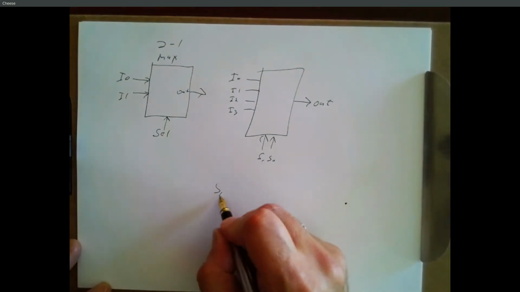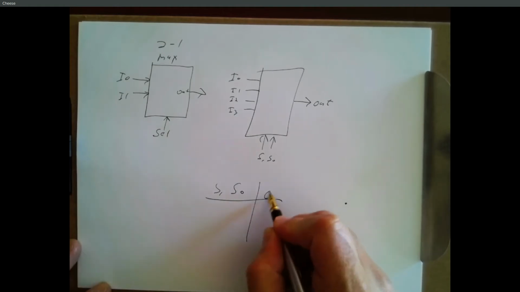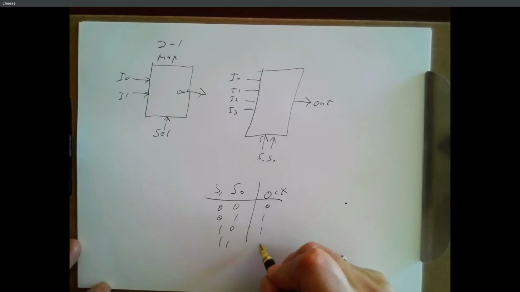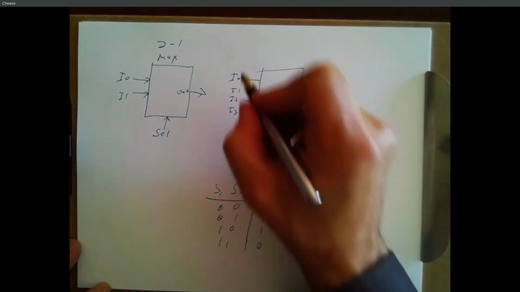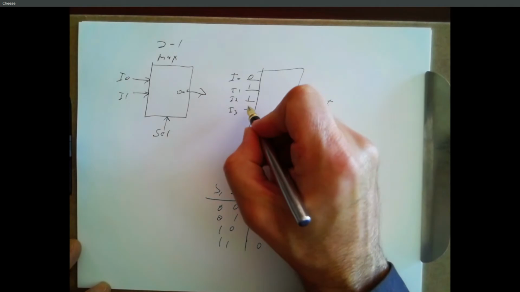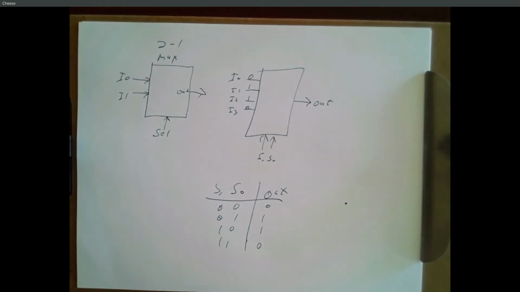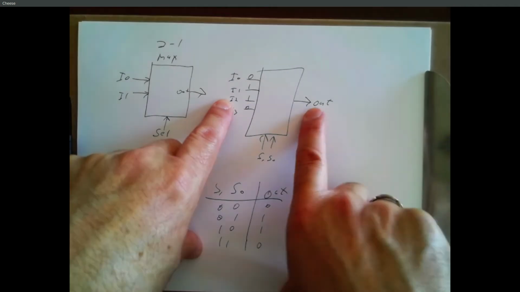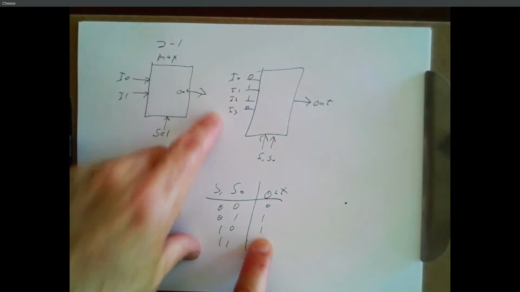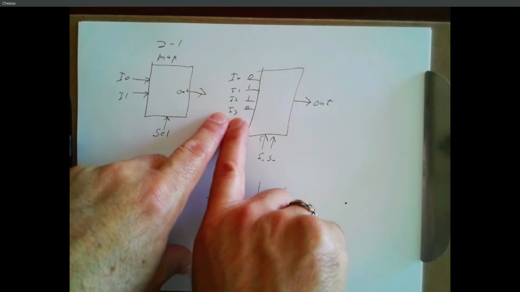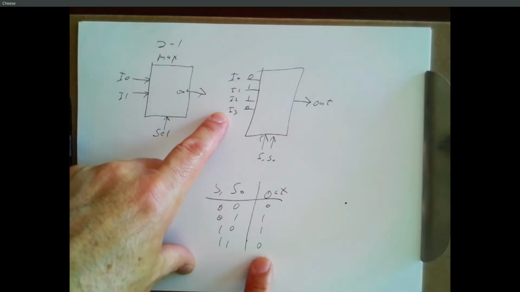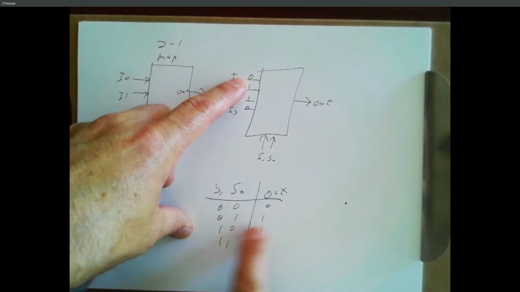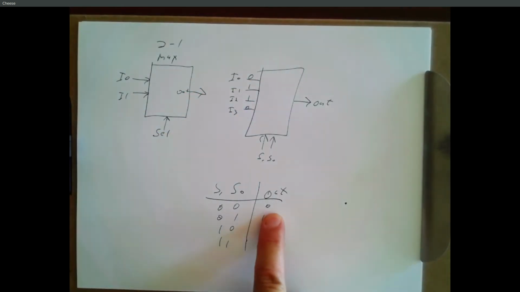So if we wanted to make an exclusive OR gate, which looked like that, all we got to do is feed those values into these inputs. And now if your input is 1, 0, that's going to select input 2, that's going to send a 1 to your output, there's your 1. If your input is 1, 1, that's going to choose input 3, which sends a 0, there's your 0. And if you put in 0, 0, that's going to choose input 0, which we set to a 0, there's your 0 on the output.